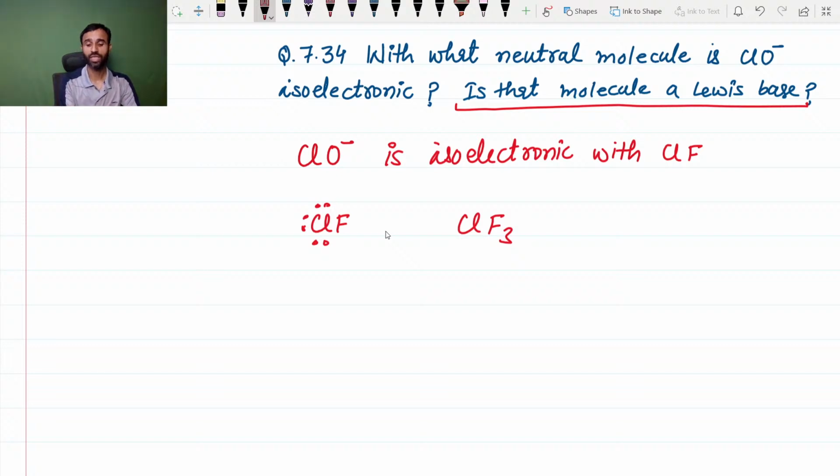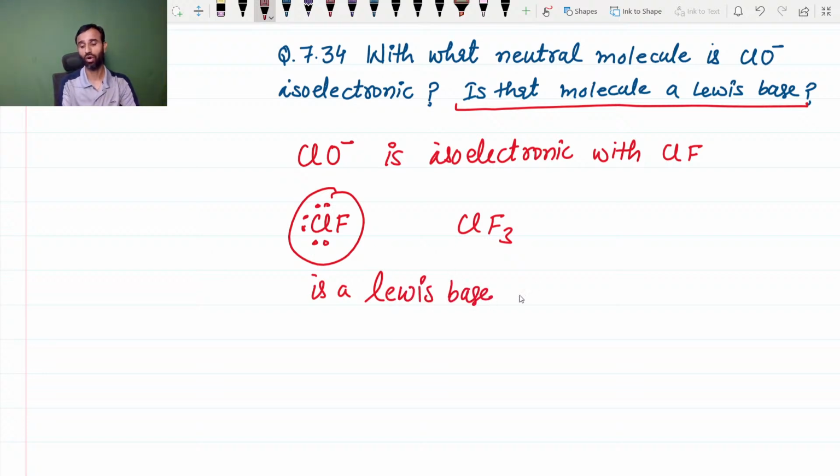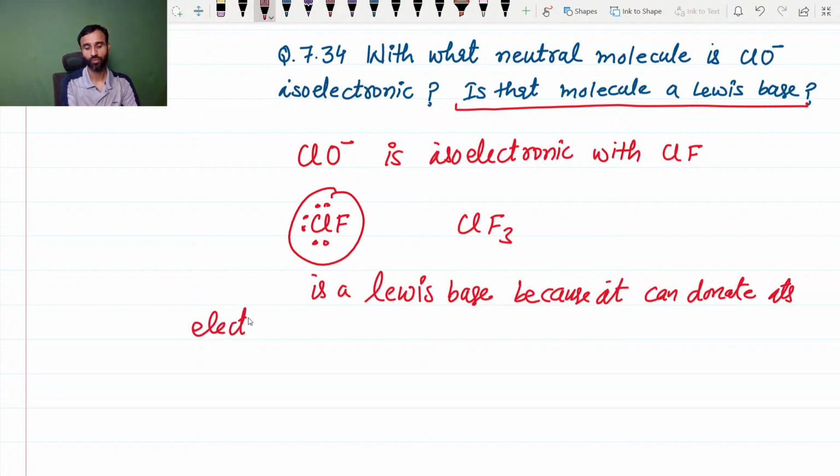That means ClF is a Lewis base because it can donate its electrons to 2 more fluorines.